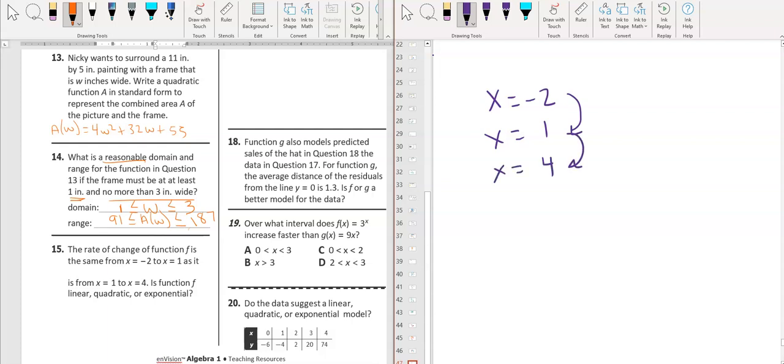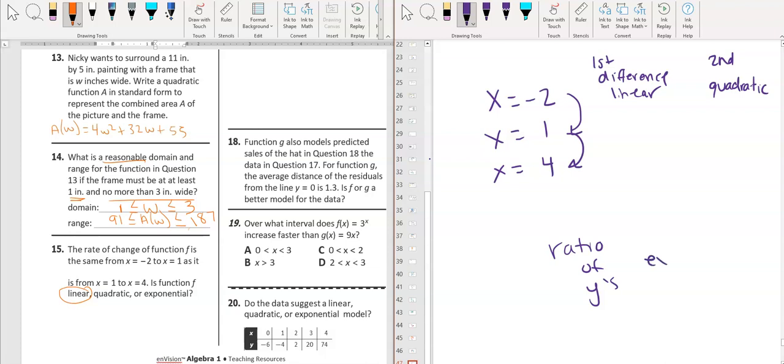So if these changes are all the same, that means that's the first difference, which is the same, then this is a linear function. Remember, first difference is linear. The second difference is quadratic. And then the ratio of y's is exponential.